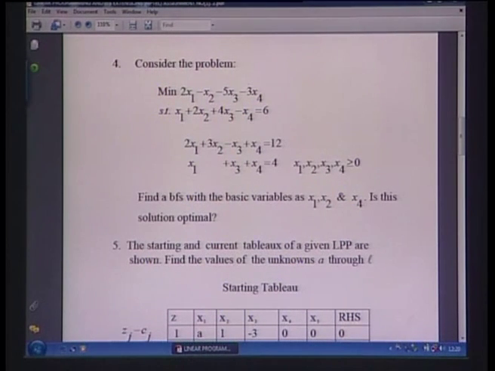Once you do the pivotings, at the end of this, when you get the table, you can check whether the optimality criteria is satisfied or not. If it is, then it is an optimal solution. Otherwise, you will say that no, this solution is not optimal. So, work out the fourth one.